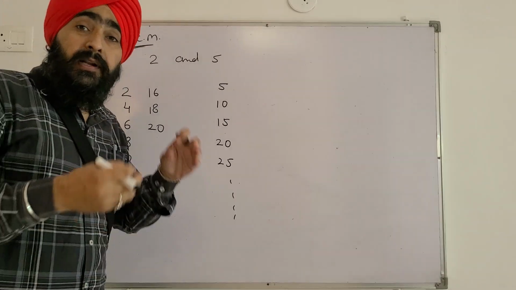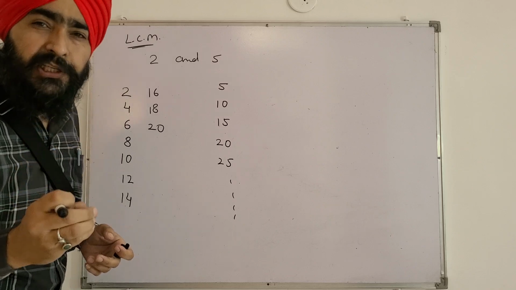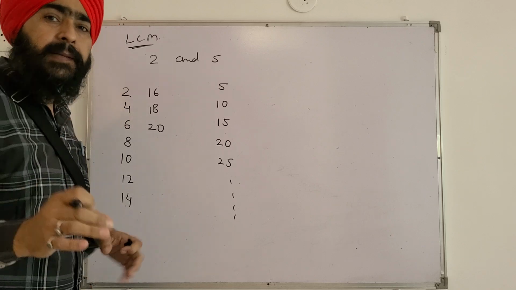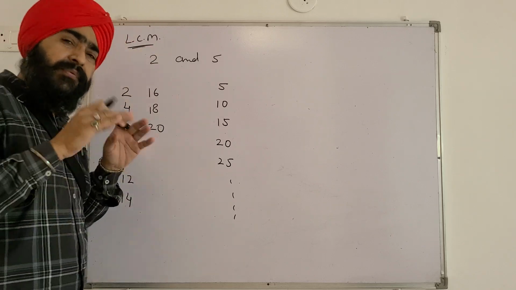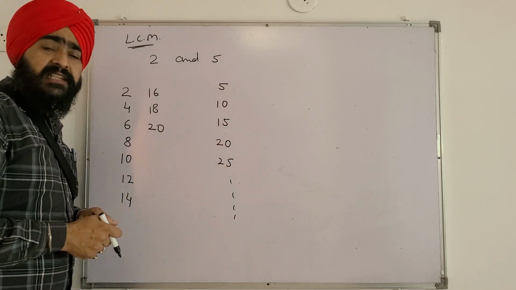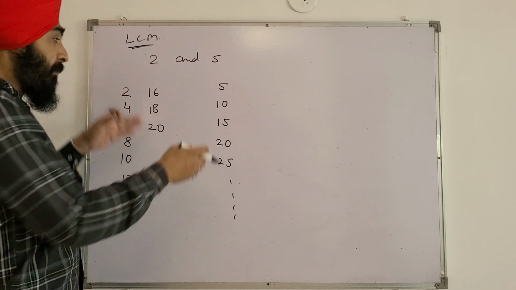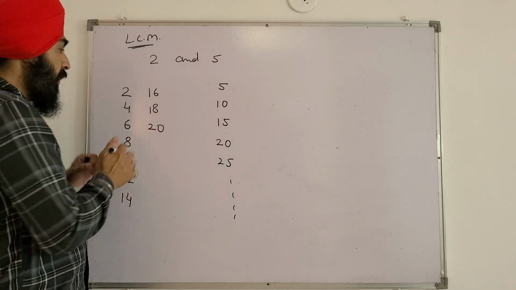Okay, so what is the meaning here? LCM is the least common multiple. Least means smallest. By comparing these two tables, you have to consider which number comes first in both tables.